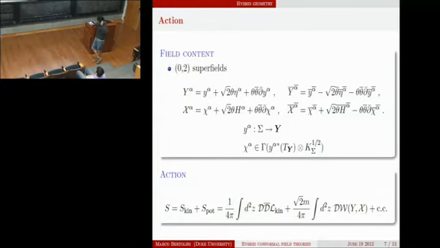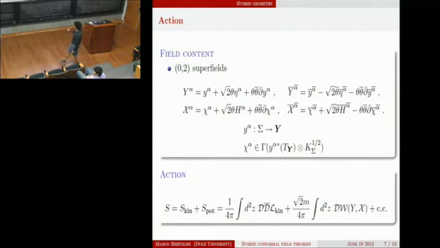So we have the bosonic superfield with the complex conjugate, whose lowest component is a map from the worldsheet to the target space Y. And with these fermions, there's the fermionic (0,2) superfield, whose lowest component is a section of the pullback of the tangent bundle of Y. And here H is just an auxiliary, non-propagating field.